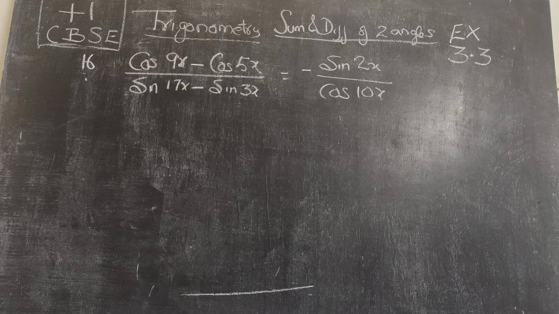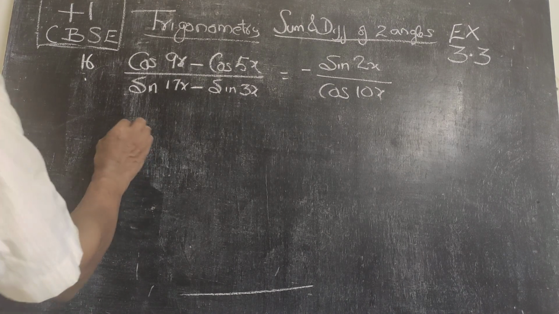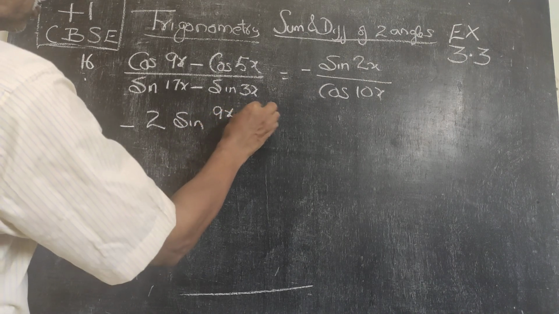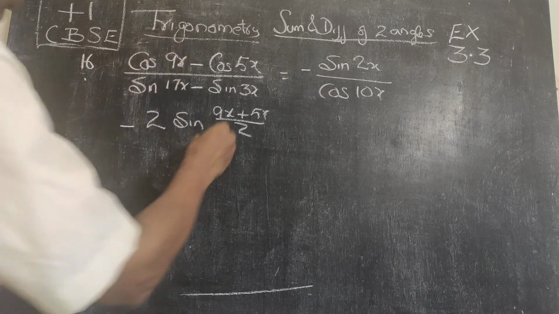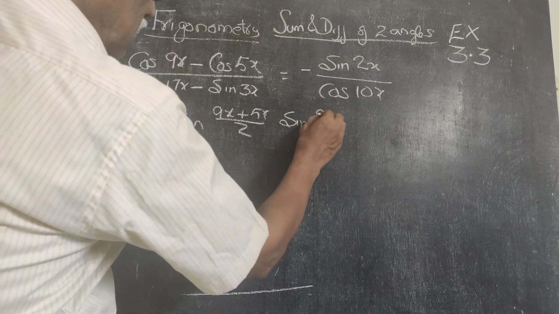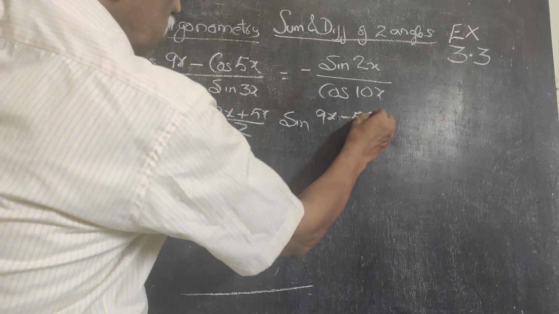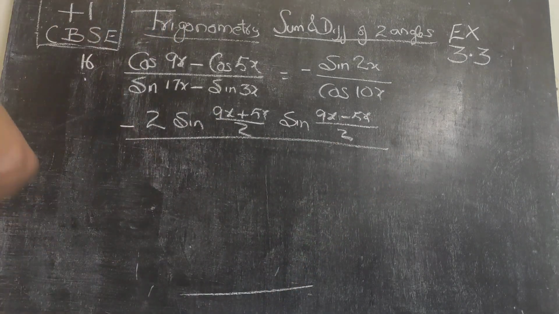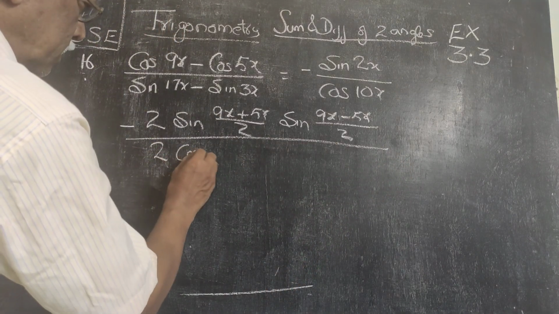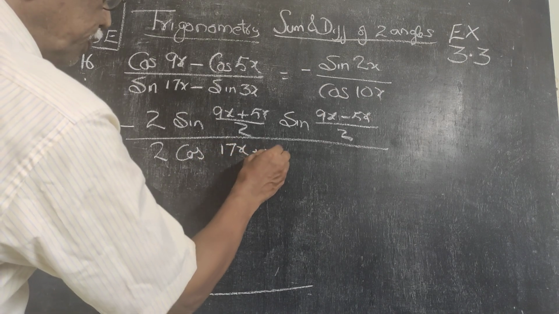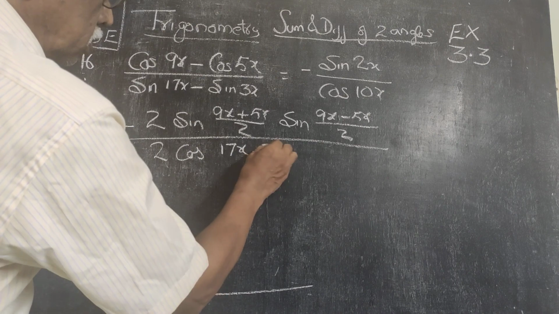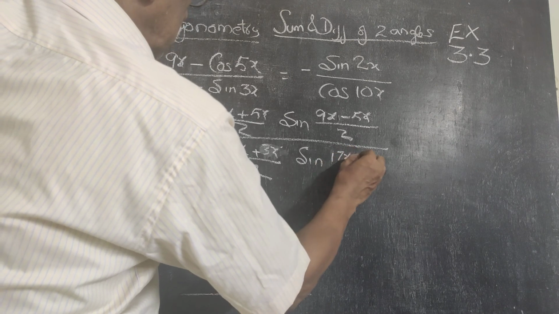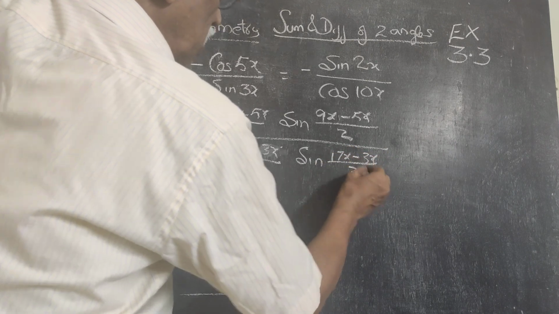Cos C minus cos D is equal to minus 2 sin (C plus D) by 2 sin (C minus D) by 2, divided by sin C minus sin D, which is 2 cos (C plus D) by 2 sin (C minus D) by 2. This is the formula we are going to apply.